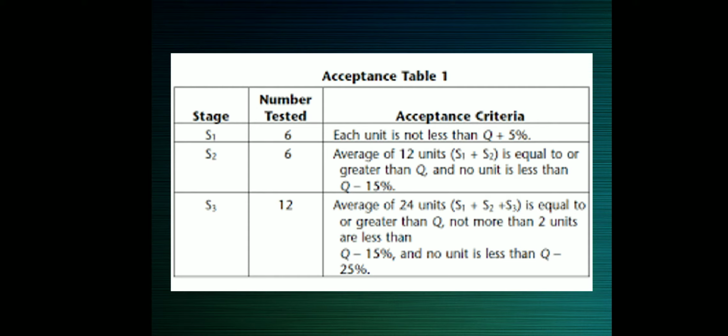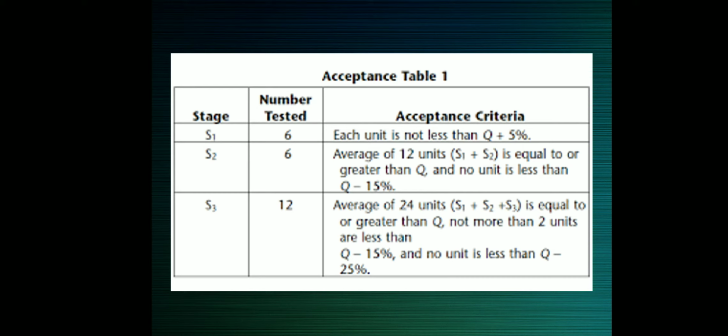The average of 12 units, that is S1 6 plus S2 6, is equal to or greater than Q, and no unit is less than Q minus 15. So out of 12 tablets, the average release is more than the quantity specified at that specific time interval, and not a single unit is less than Q minus 15.